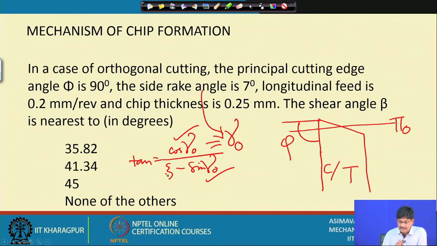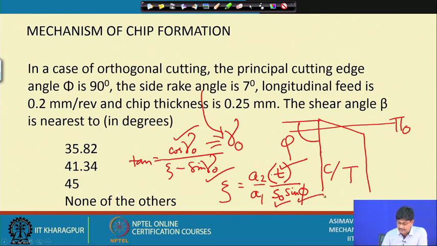Zeta is equal to, if you remember, A2 by A1, where A2 stands for chip thickness, which is T, and A1 stands for uncut chip thickness, which is S0 sin phi. Phi is given, S0 is given. Therefore, everything is given. Chip thickness is given, S0 is given, phi is given. We can find out zeta completely.